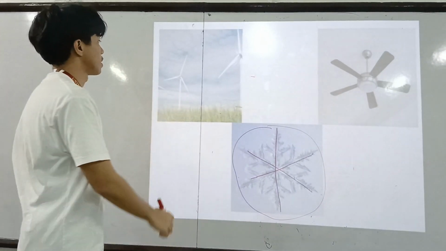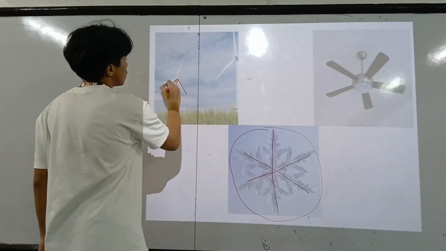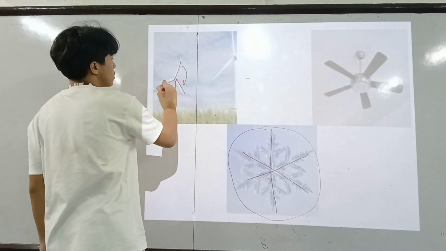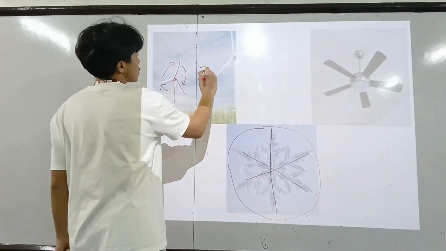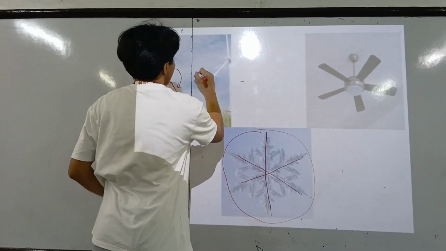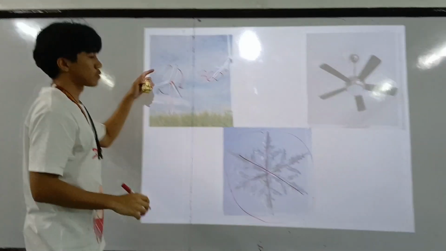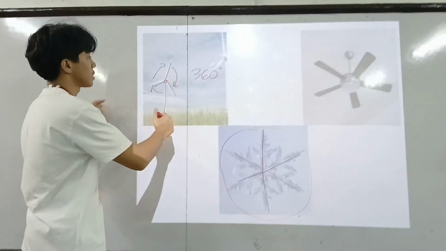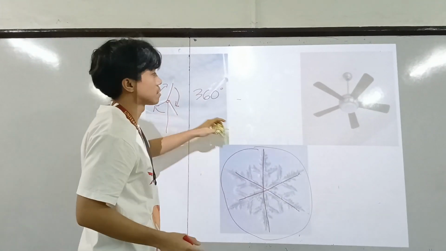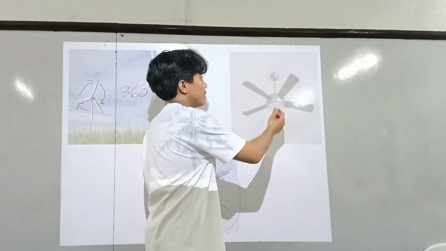Next, a windmill. If it turns around 360 degrees, even if it switches 360, its pattern is still the same. Same here in the classrooms, we have these ceiling fans.